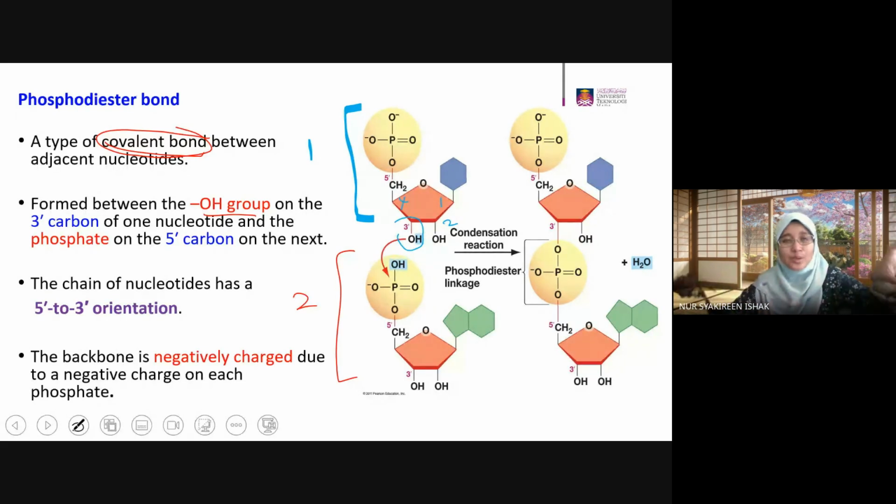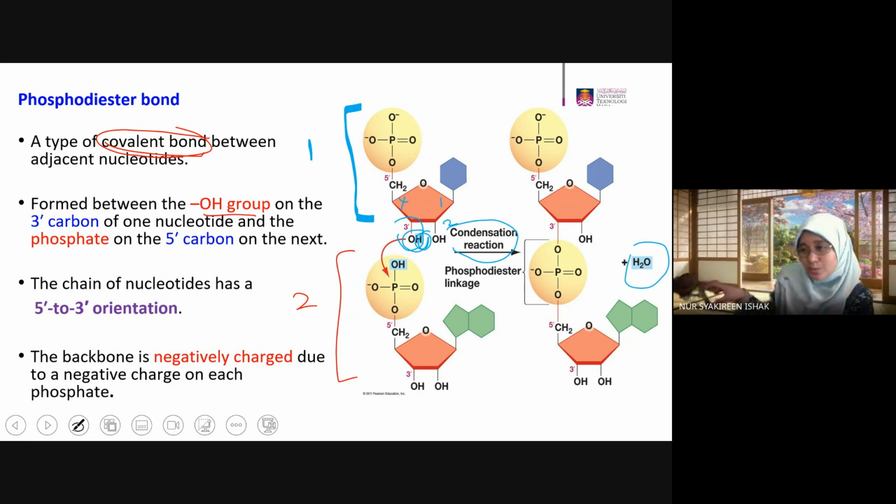We have learned that in order to attach one monomer to another monomer, the reaction involved is a condensation reaction. A condensation reaction involves the removal of a water molecule. So where does that water molecule come from? It comes from this reaction. The carbon with the hydroxyl group will be removing its hydrogen atom.